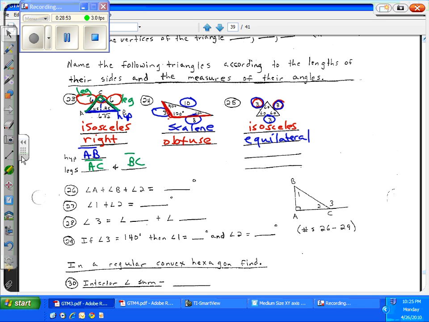All of the angles being less than 90 degrees makes it acute. And the fact that all of the angles are equal makes it equiangular. So it's an isosceles equilateral acute equiangular triangle.